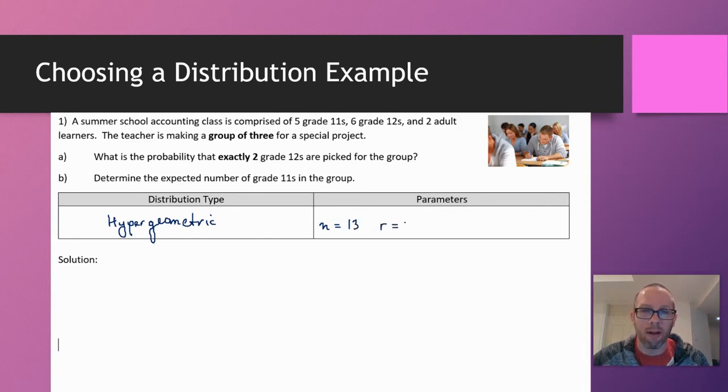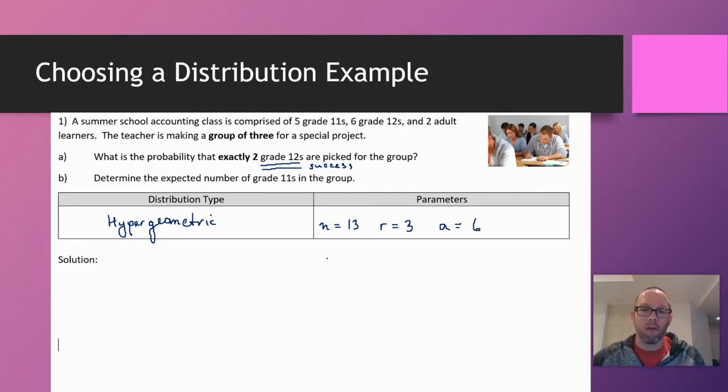So we're picking 3 people for a special project. So we're going to be picking a person 3 times, so 3 trials. And in part A, a success is considered getting a grade 12. The number of people in that success group, the number of available successes, A, is 6. We have 6 grade 12s.